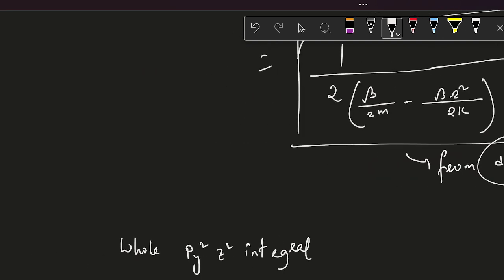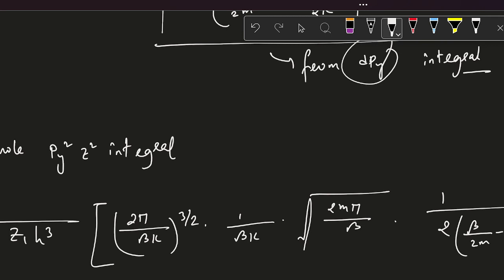Now if you remember the expression of z1, you will see that when you have a 1 by z1 term, all these factors will be cancelling out. This term, this term, this term, this term, and what else was there? Yeah, these will be the terms. This thing will be left and this thing will be left. So you will have 1 by βk into 1 by 2 β by twice m minus β ω squared by twice k.